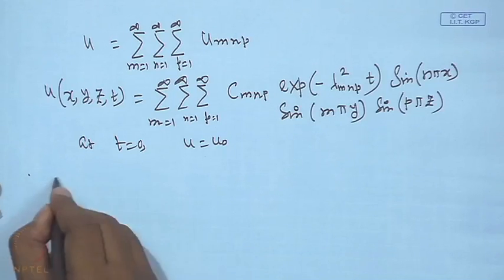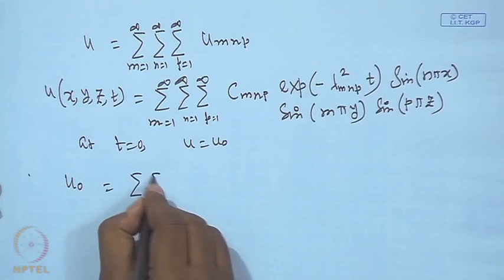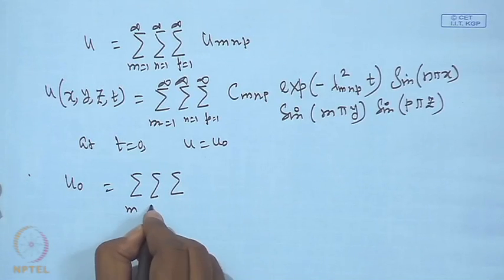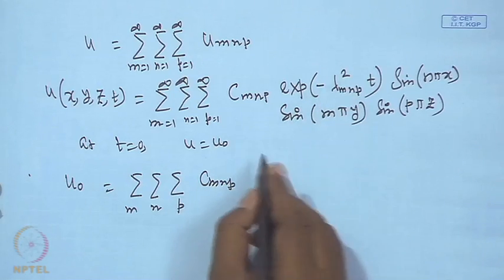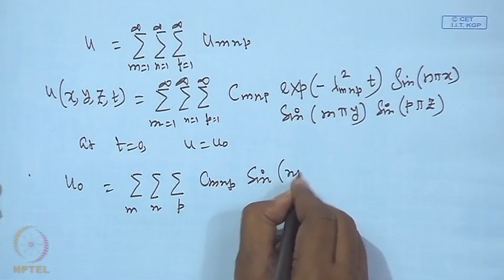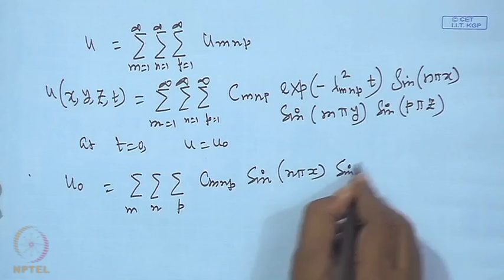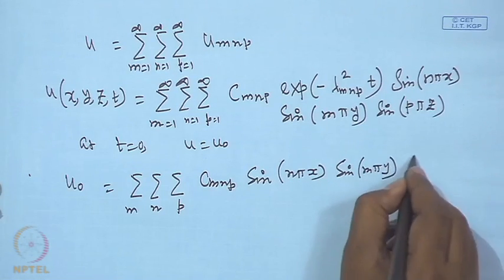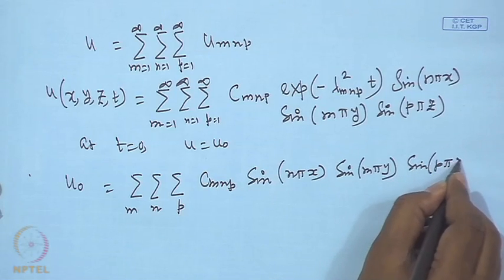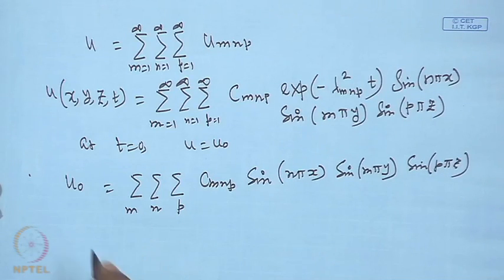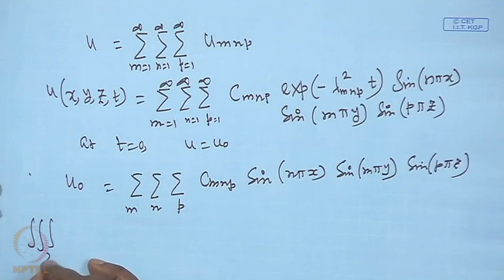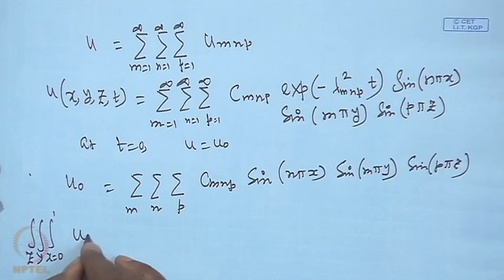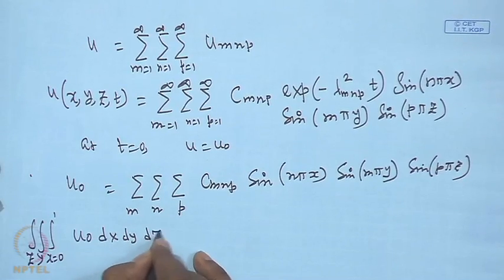So, it will be u naught, we will just write it first: triple summation, one over m, another over n, another over p, C m n p, sin n pi x sin m pi y sin p pi z. So, we multiply both sides by all this. So, it will be triple integral from x is equal to 0 to 1, another over y, another over z, u naught dx dy dz.